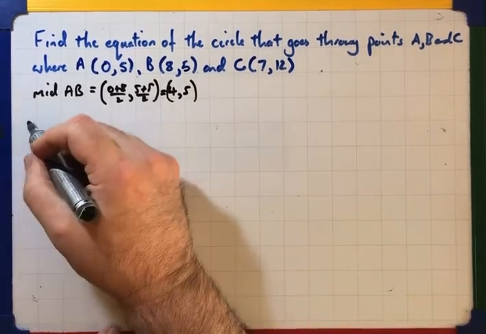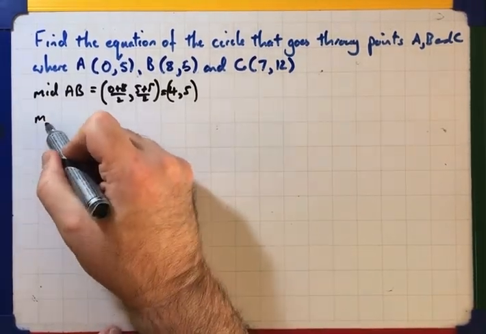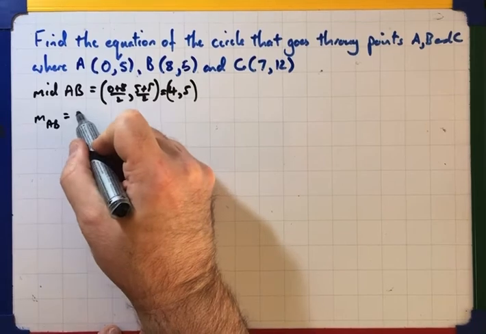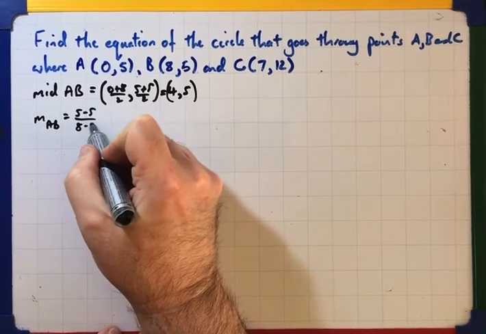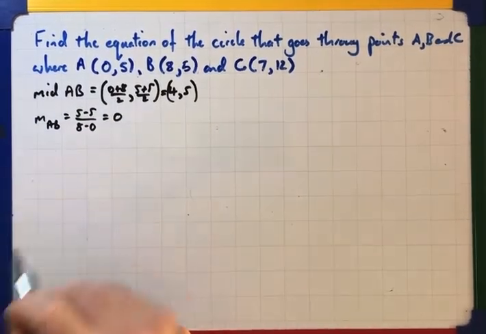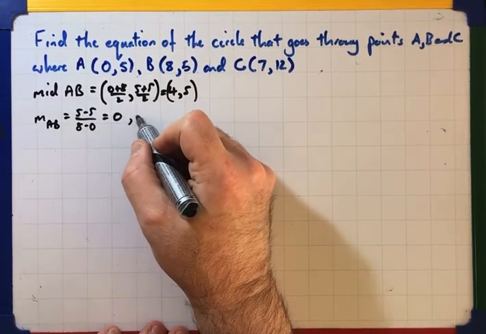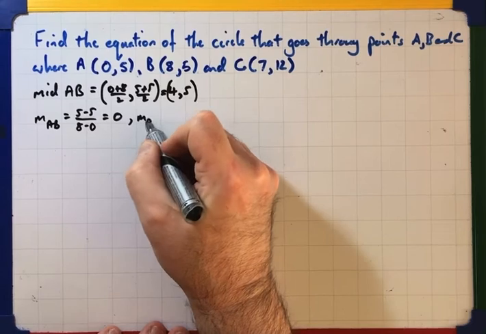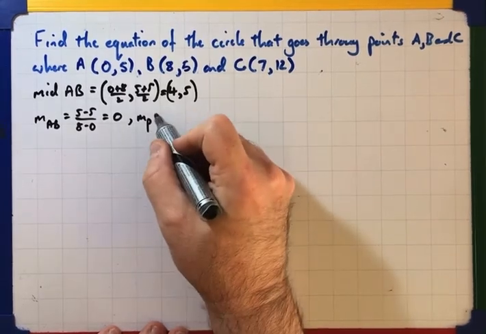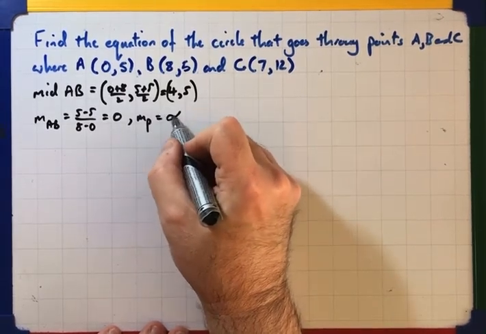I also need the gradient of AB, and if I work that out, we've got 5 minus 5 on the top, so that's just going to give us 0. So we know that's horizontal, so we know the gradient of the perpendicular, let's call it m_p, will be infinite.